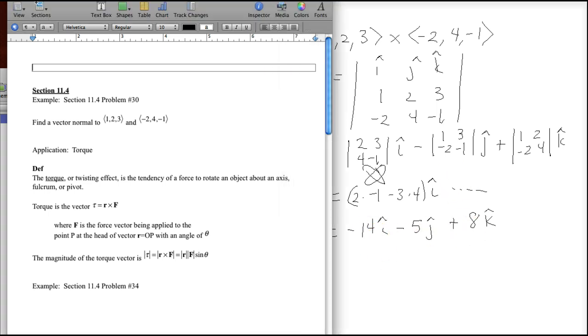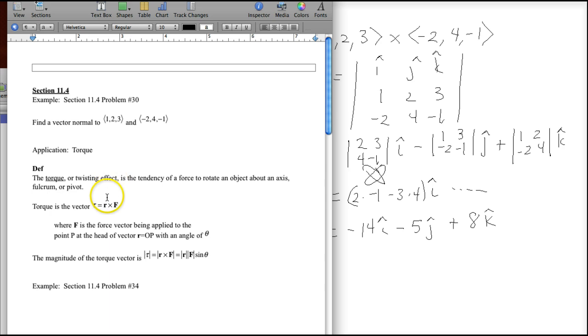Let's just discuss the one application that's mentioned in this section, and that's the application of torque, right? The definition for torque is here. The torque or twisting effect is the tendency of a force to rotate an object about an axis, a pivot, or a fulcrum, right?